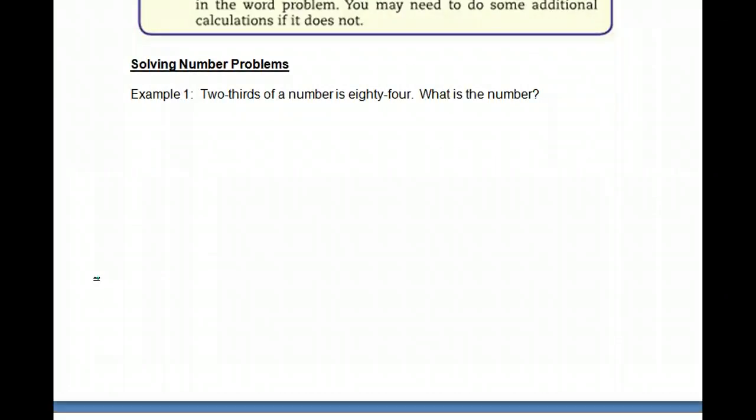Example number 1 says 2/3 of a number is 84. What is the number? Well, the first thing that we're going to do here is write a let statement to represent our variable. We're solving for a missing number, so we're simply going to say that we're going to let n represent our missing number.